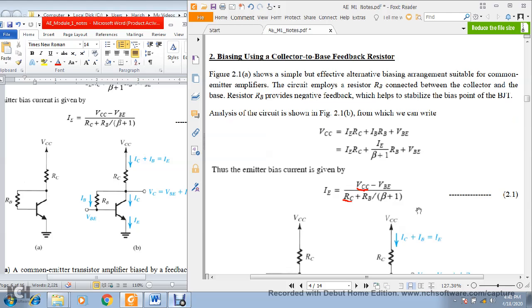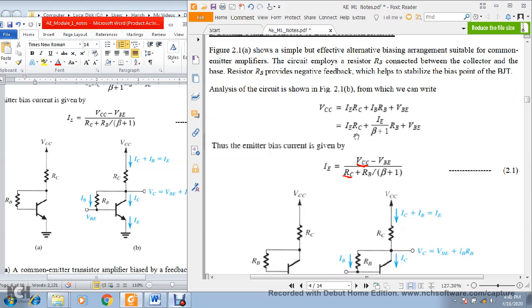If you apply KVL to the circuit, it is VCC, RC into IE, IB, RB, VBE. There is no emitter resistance in this biasing technique, please remember. So if you solve for IE, you get this equation.